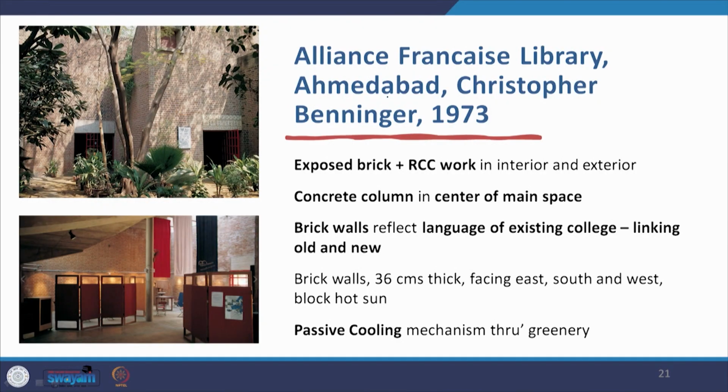By this time, when we start putting the entire jigsaw puzzle together, you will come to know that from 1952 onwards, Chandigarh had already begun, and in the housing part of Chandigarh, the houses were being built in stucco and exposed brickwork. And also some of the works that Corbusier did in Ahmedabad were in exposed brick and RCC.